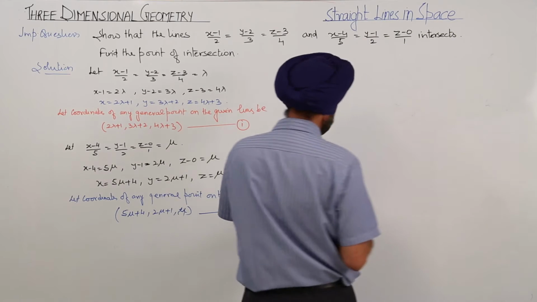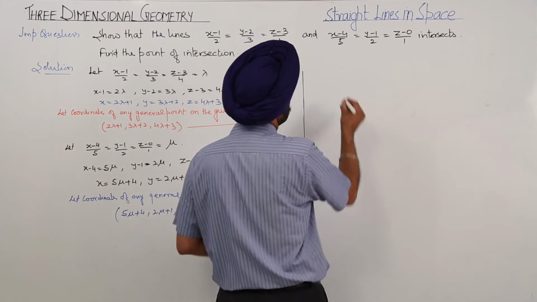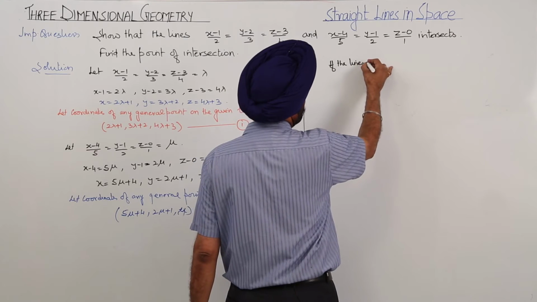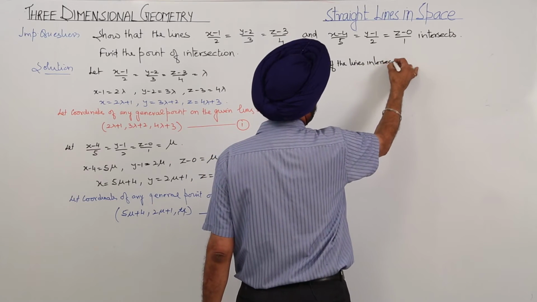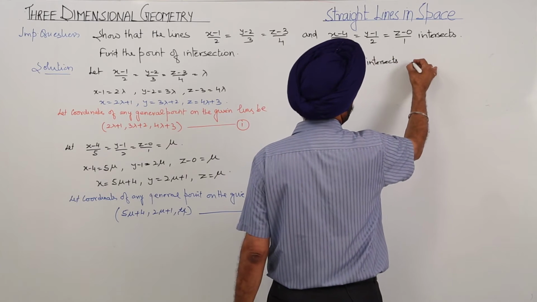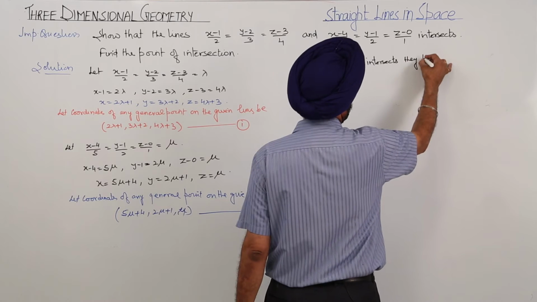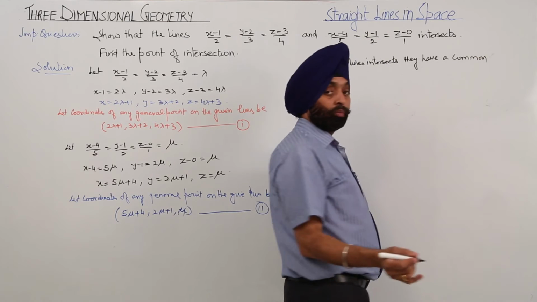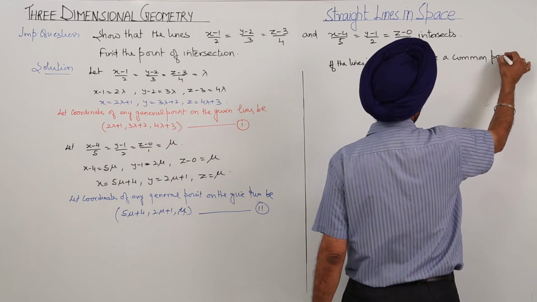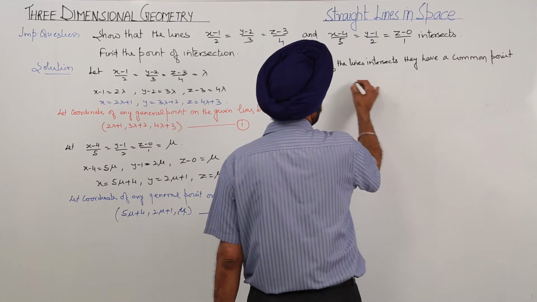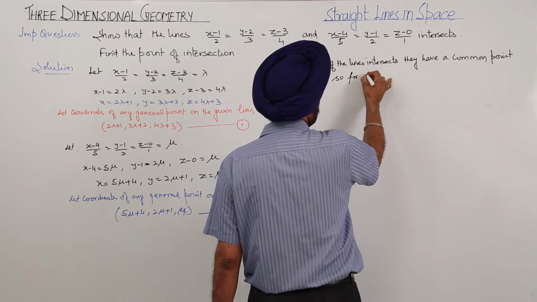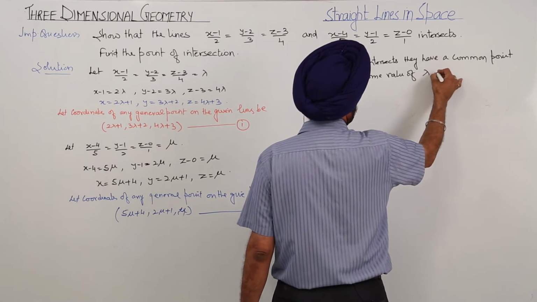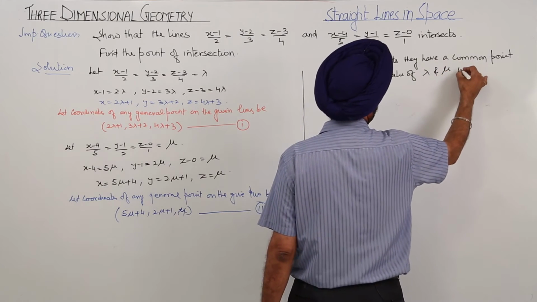Now, if the lines intersect, they have a common point, for some values of lambda and mu.